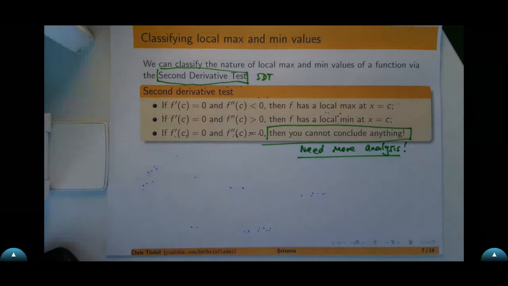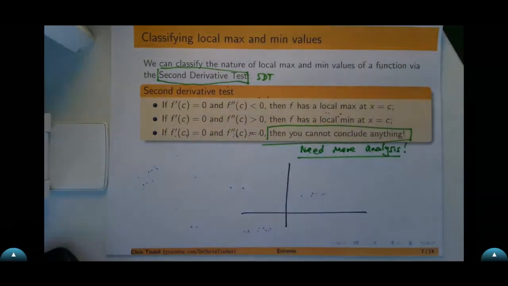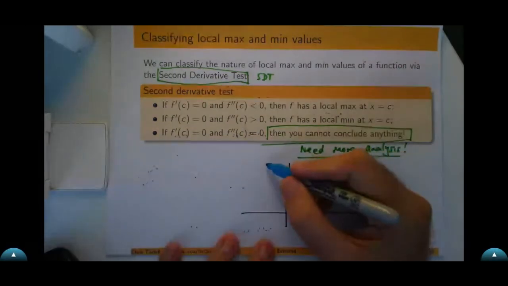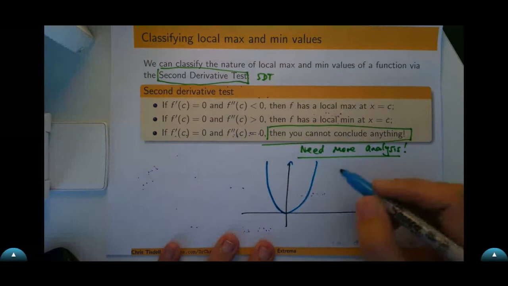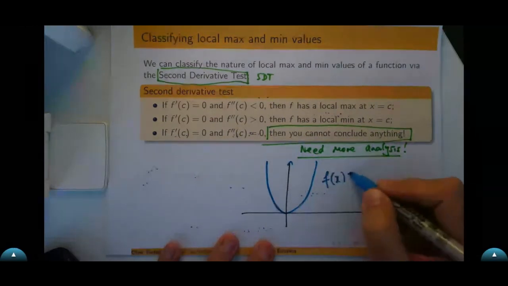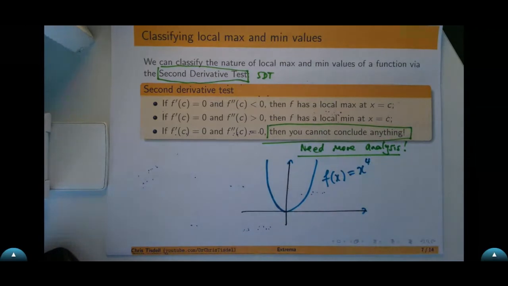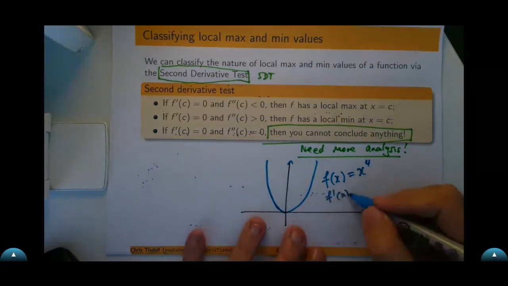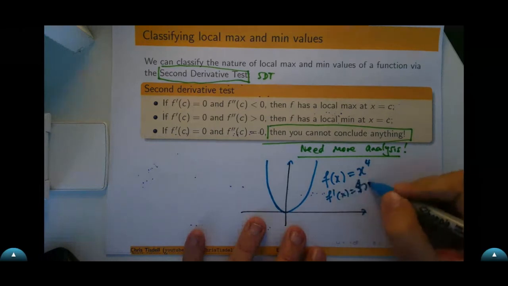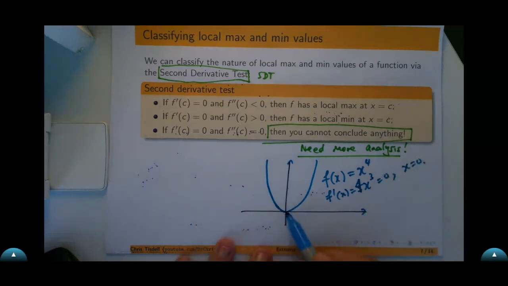Okay, so for example, if I had a function that was, let's say, x to the power 4, if you differentiate that and solve, you know it's here, right?